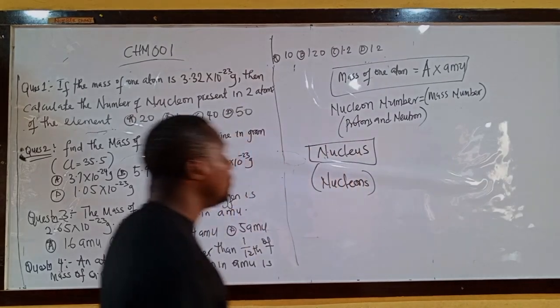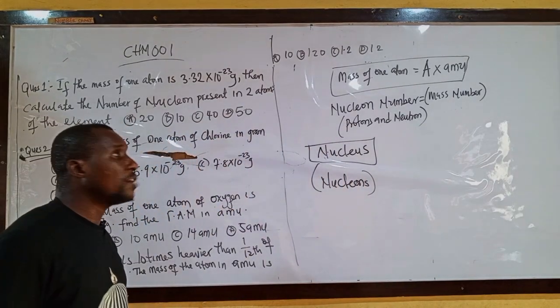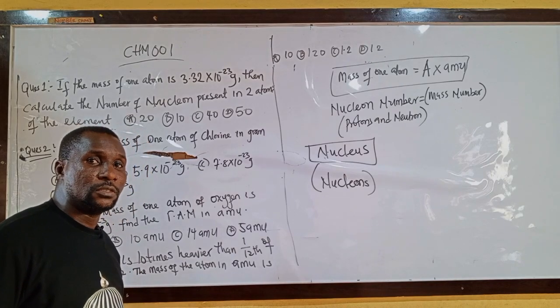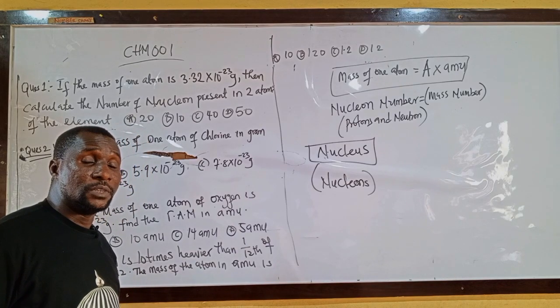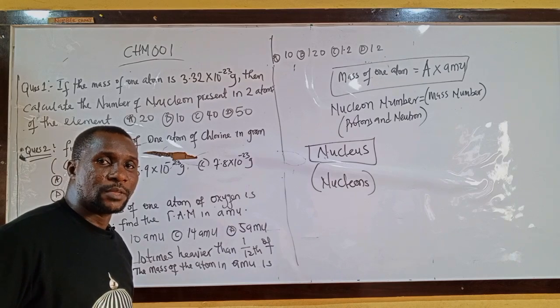That means we have the formula: mass of one atom equals mass number multiplied by atomic mass unit. I told you relative atomic mass can be expressed in atomic mass unit.